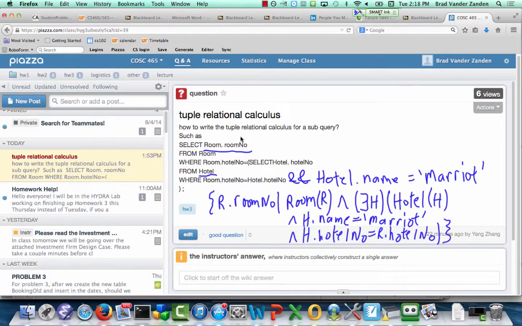Okay, so that's how you represent that particular subquery. It's with an existential quantifier because the subquery, by definition, is binding some tuple variable. So use an existential quantifier when you're writing your subqueries. Does that make sense?